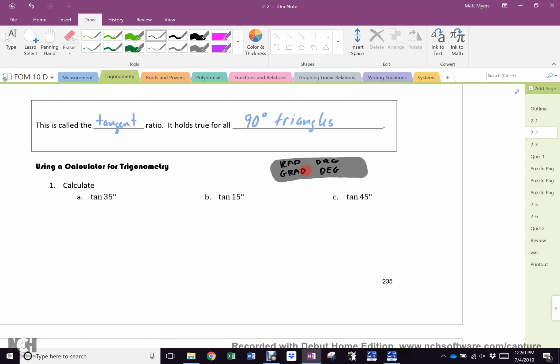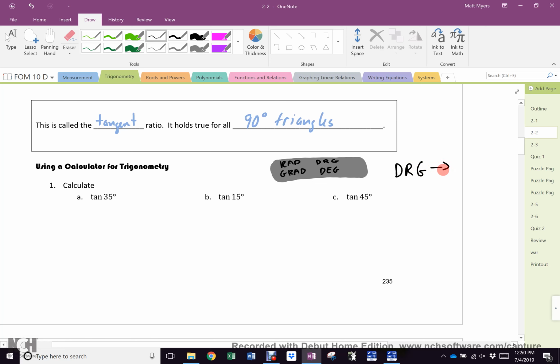Does anybody's calculator show an R, a G, a rad, or grad? Does anybody's calculator show that? Put your hand up so I can see. If your calculator shows that, look for a button that says DRG and might have an arrow by it.